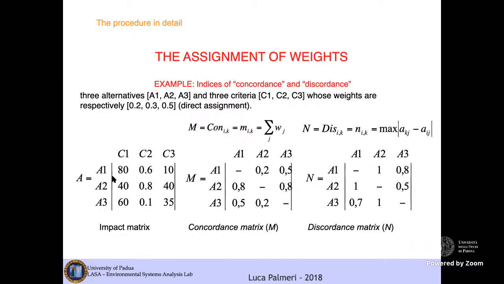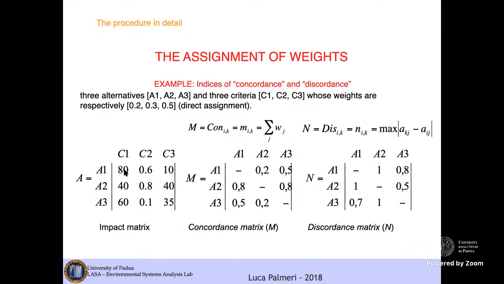For example, let's compare alternative A1 and alternative A2. According to criteria C1, alternative A1 wins. According to criteria C2, alternative A2 wins. According to criteria C3, alternative A2 wins. So, in the concordance matrix, you will use the sum of the weights of those indicators for which the alternative wins.